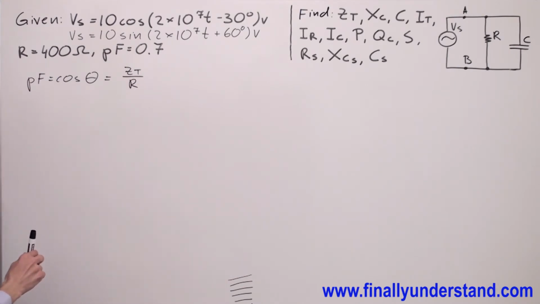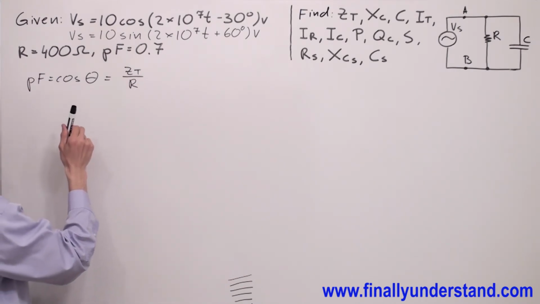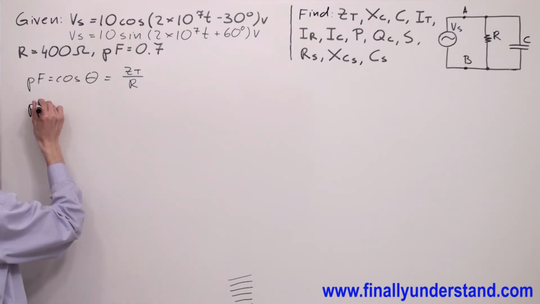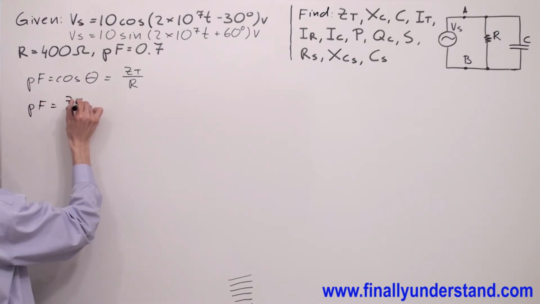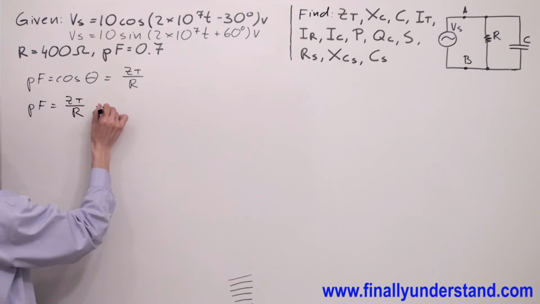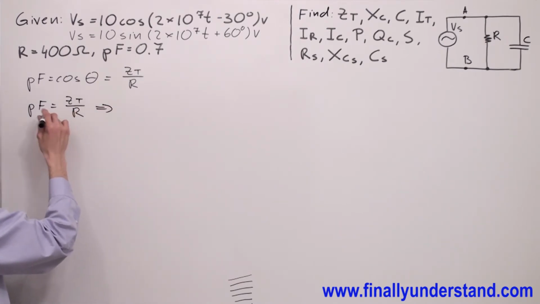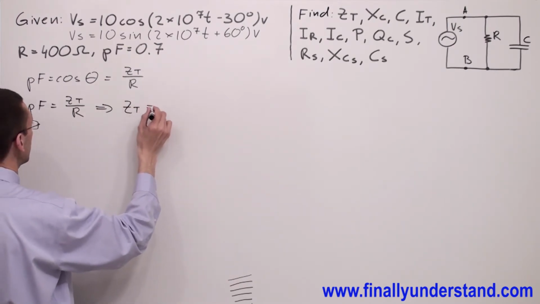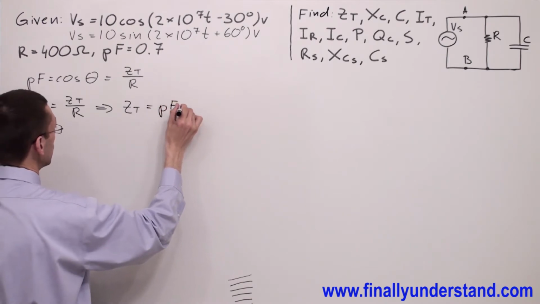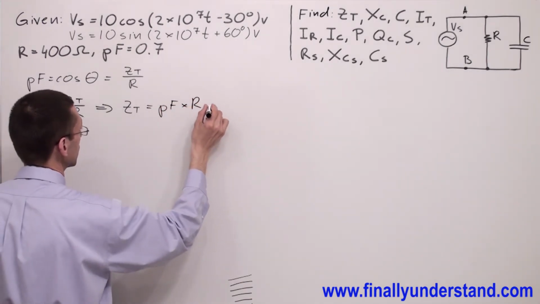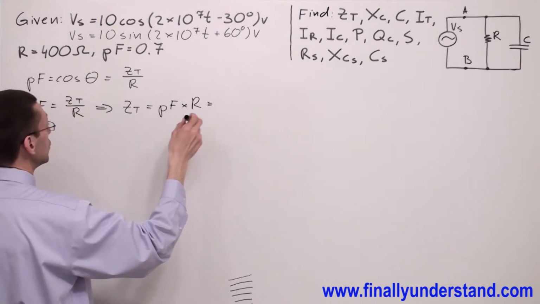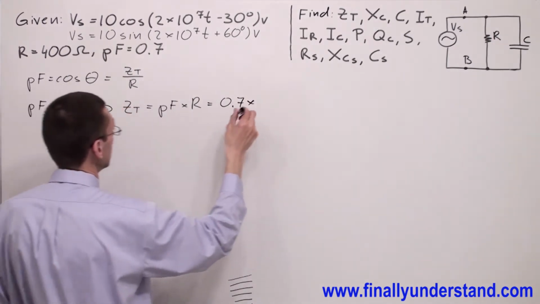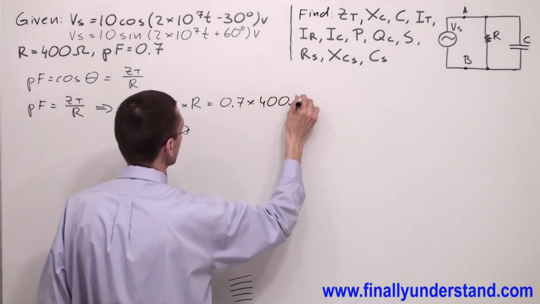Okay, I'm looking for Z total. So in order to find Z total, I'm supposed to simply rewrite this formula as power factor equals Z total over R, where if you use algebra and solve this formula for Z total, you are going to have Z total equals power factor times resistance, where power factor is equal 0.7 times the resistance 400 ohms.